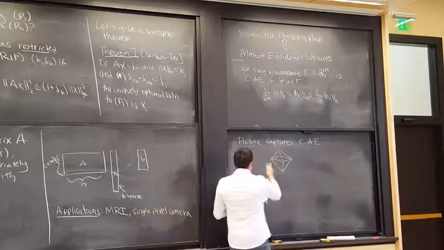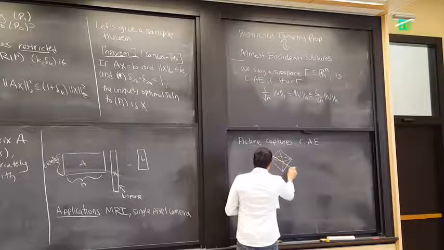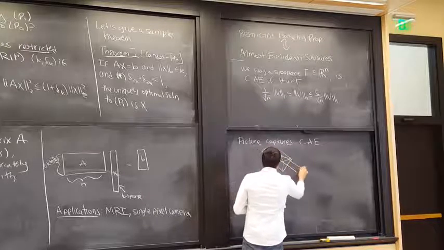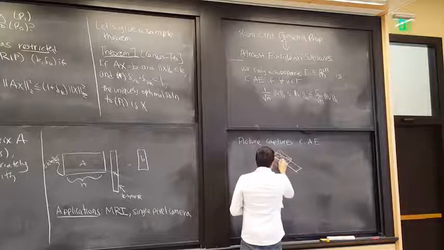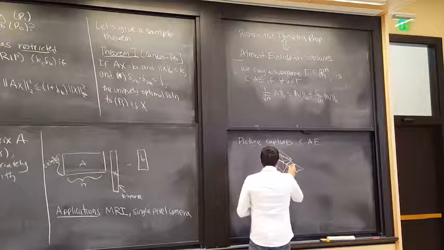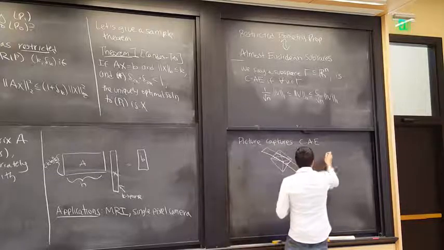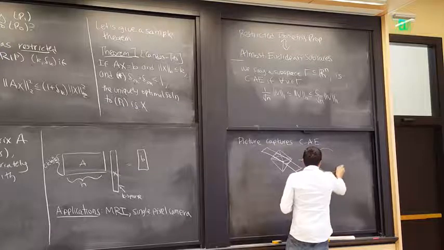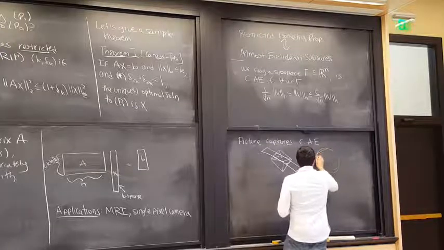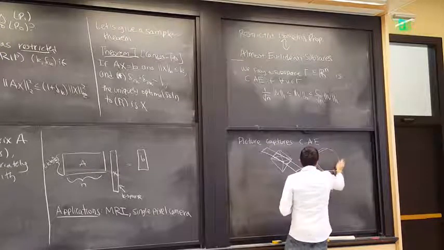But the idea is that if instead we take some subspace of it and take the intersection, then in general we hope that the intersection gives us a cross-section which is much closer to being a ball.